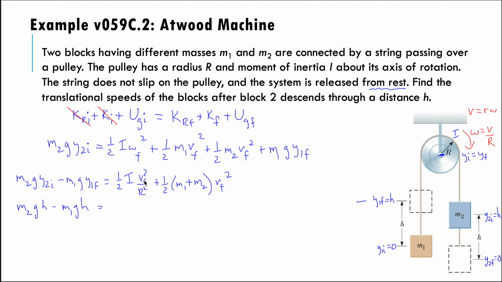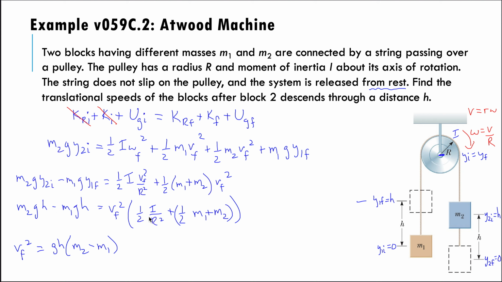And then over here, let's factor out the vf squared: vf squared times (1/2 I over r squared plus 1/2 (m1 plus m2)). We're almost there. Now we want to solve for vf by itself. So on this side we can factor out the g h: g h times (m2 minus m1).